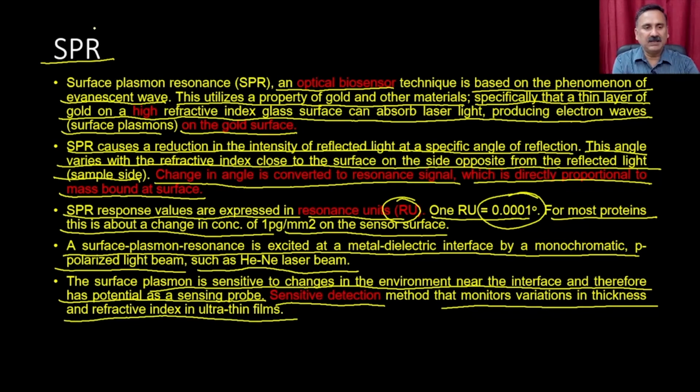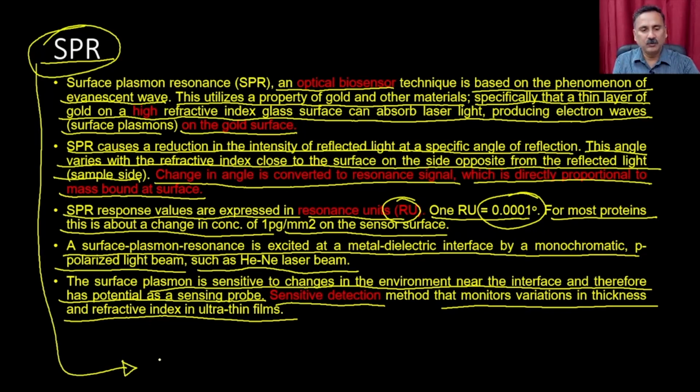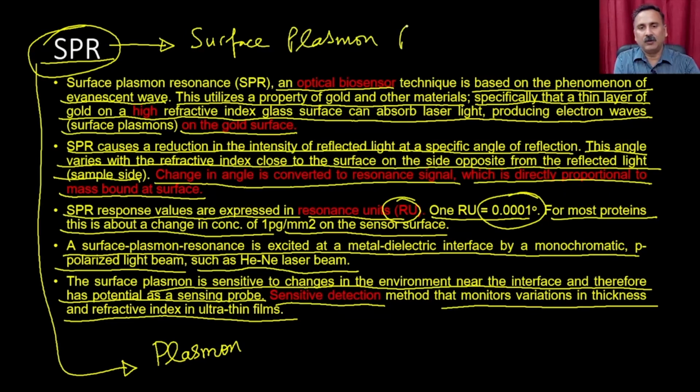So what you see here is that SPR is going to rely on two things. One, it is going to work on the plasmon, right? As the name suggests, what is the SPR? It's called surface plasmon resonance.